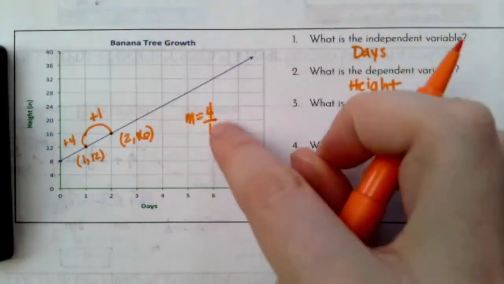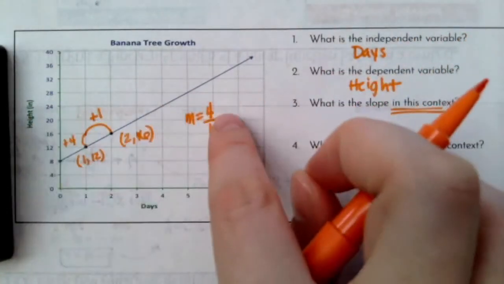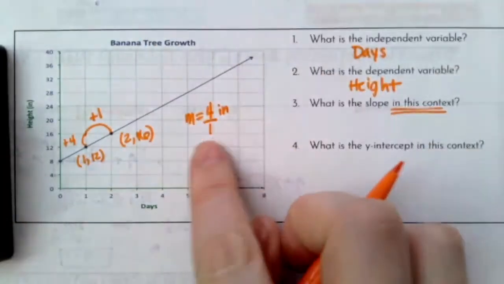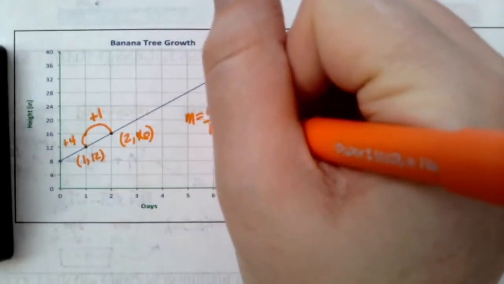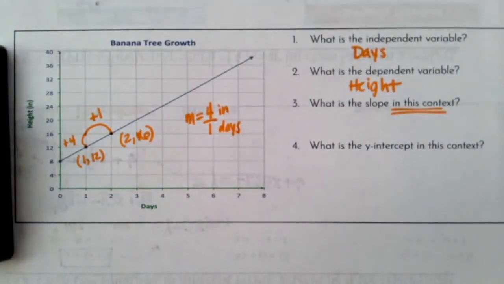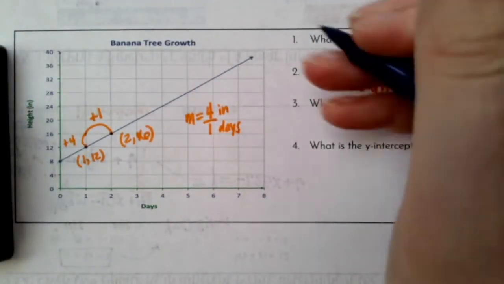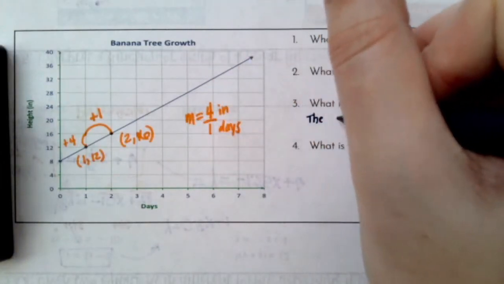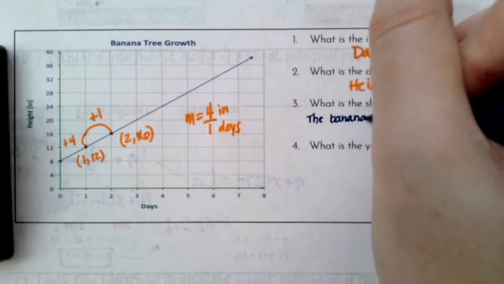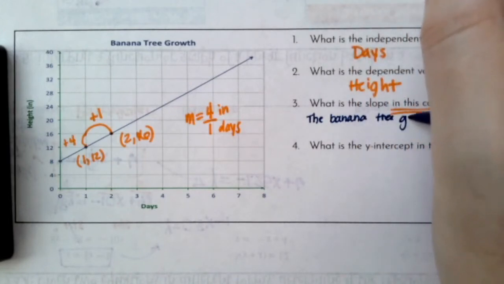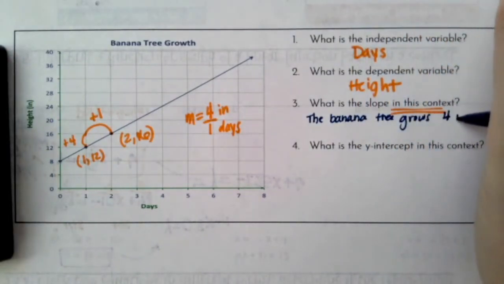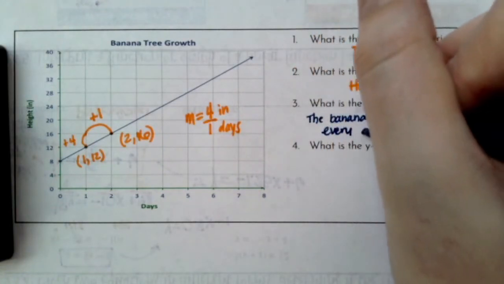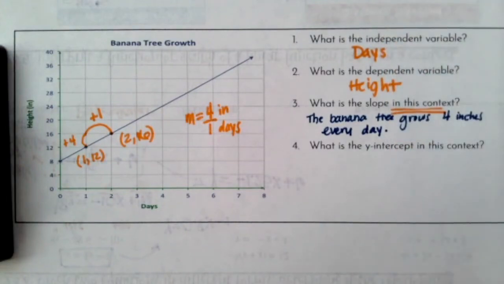I like to keep it as a fraction and then label it with what it is. So 4 is the rise, which is the inches, and 1 is the run, which is the days. And so in this context, our slope is 4 inches over 1 day. So we can say the banana tree grows 4 inches every day, or every 1 day.